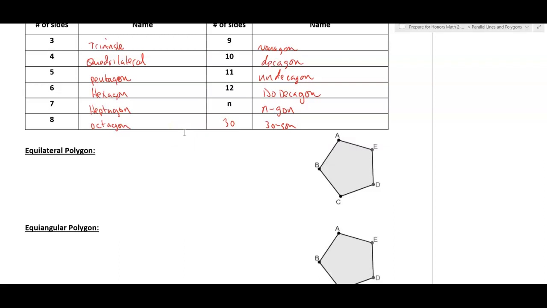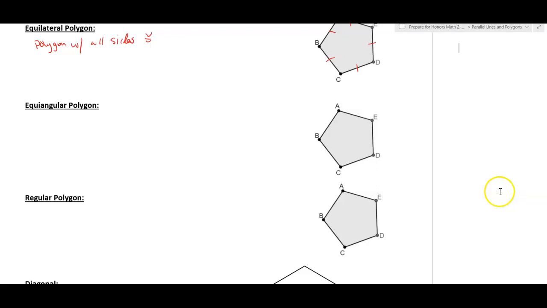Now, an equilateral polygon is a polygon with all sides congruent. So we would say all of these sides are congruent. An equiangular polygon is basically a polygon with all angles congruent.